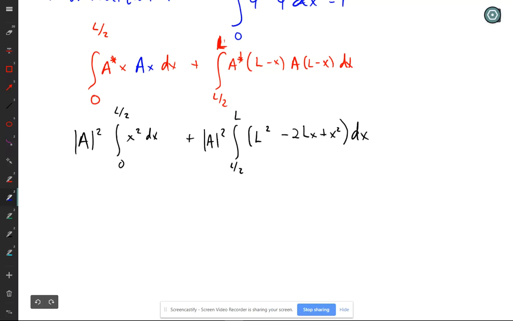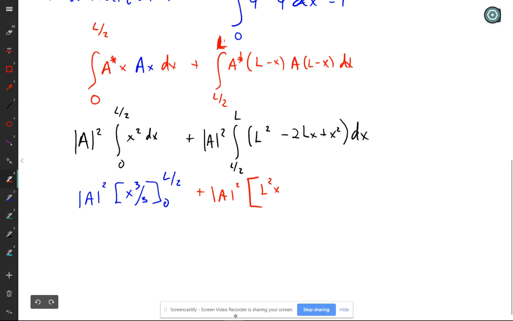All right, so the integral of x squared dx, integral of L squared dx, that's pretty trivial, right? L squared x minus 2L x squared over 2 plus x cubed over 3.